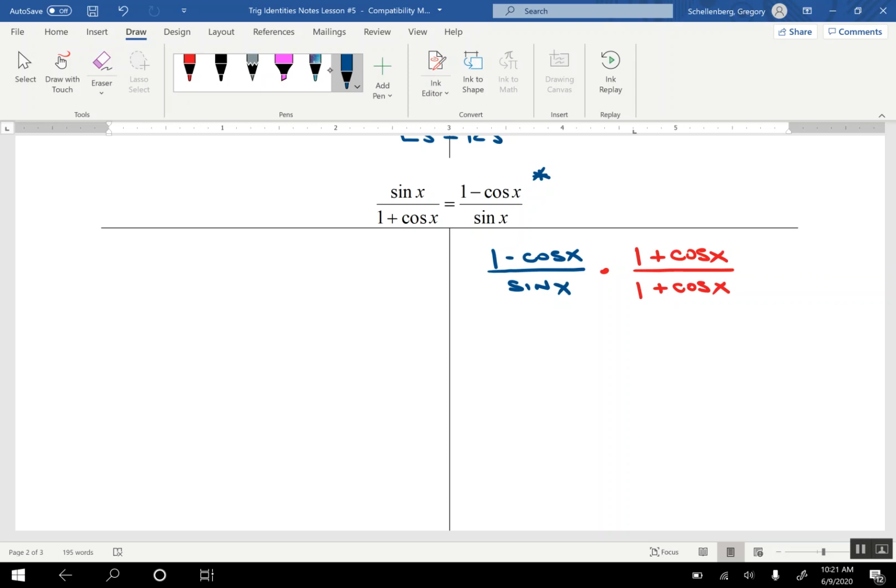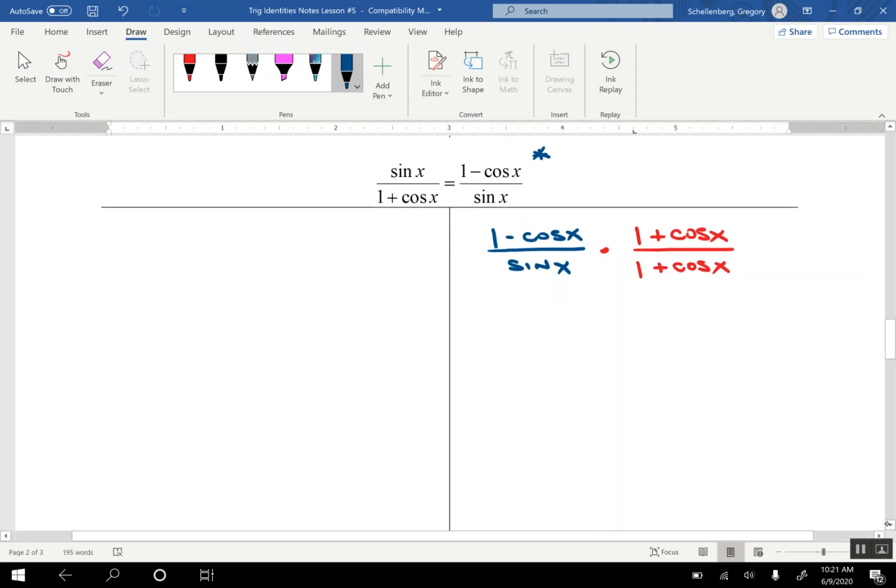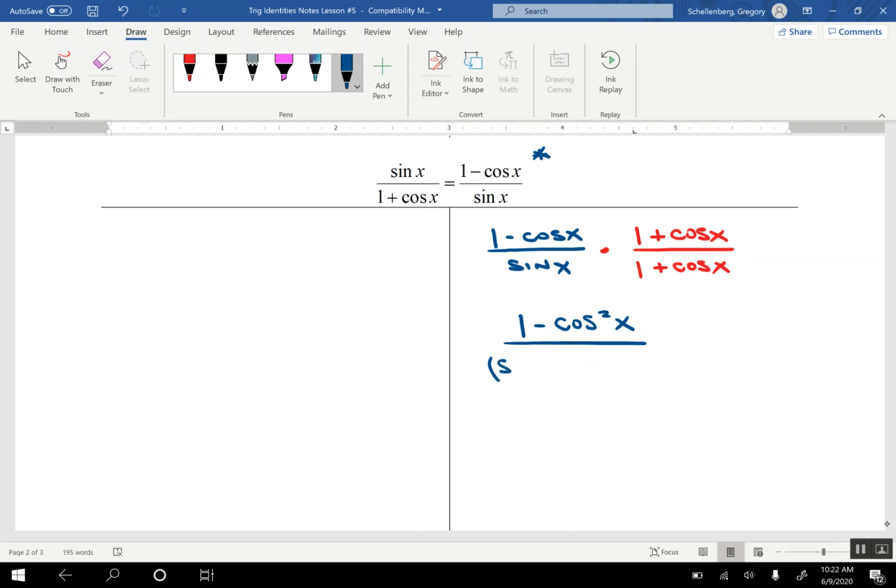So 1 minus cos x times 1 plus cos x is going to give us 1 minus cos squared x. Okay, so we can expand the conjugate, but we're not going to expand the portion that is not a conjugate. So our denominator here, I'm just going to leave this as the sine of x times 1 plus the cosine of x.